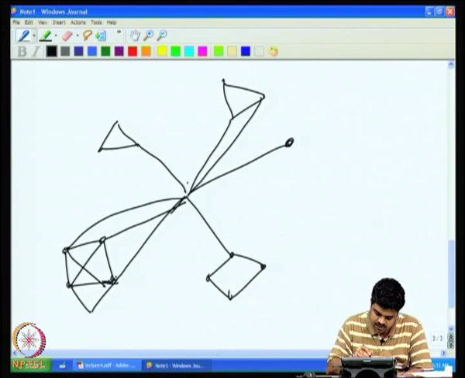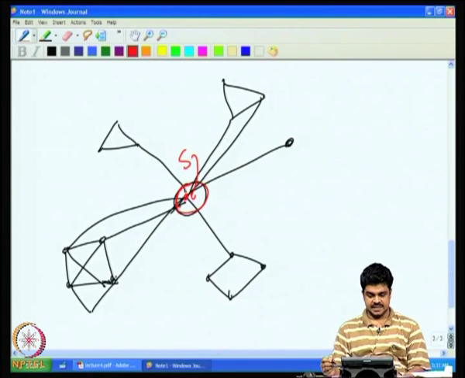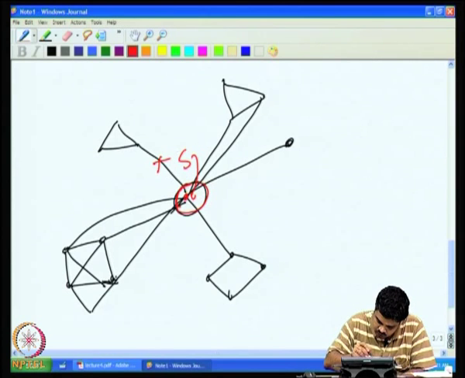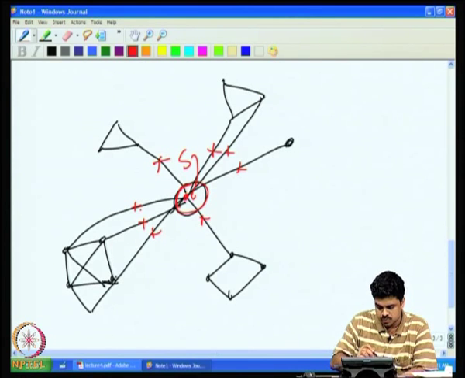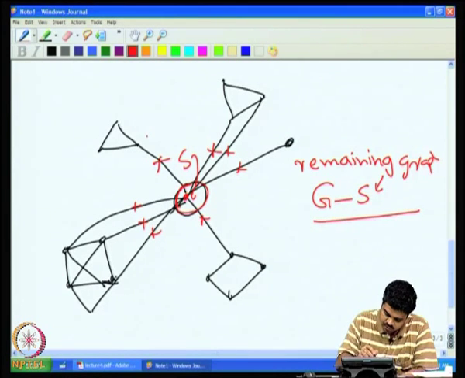Let us consider this vertex set. Let me call this singleton set, this one point vertex, as S. What happens if I remove this S? When I remove this S, all these edges will go away. Now, the remaining graph, that is G minus S. What will be that? I will mark it like this.